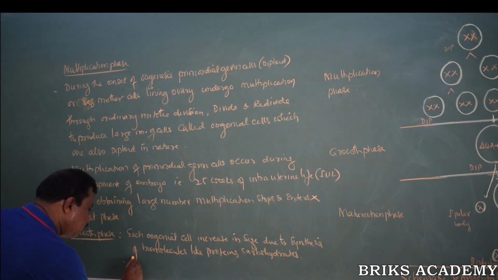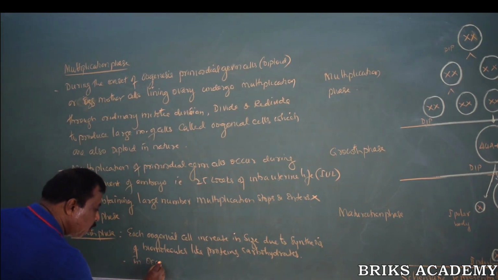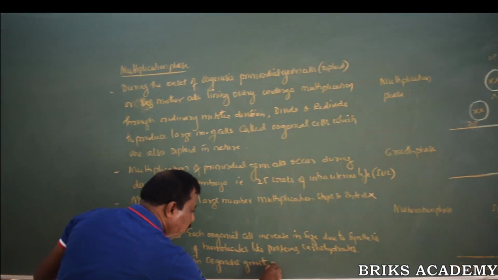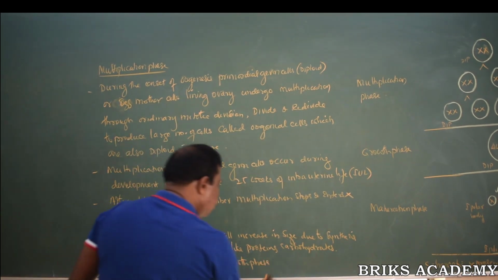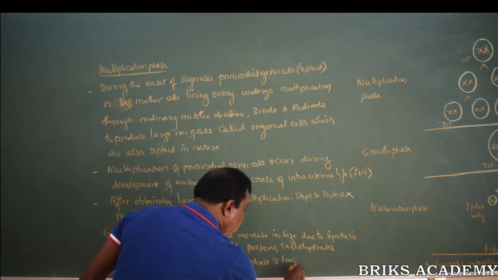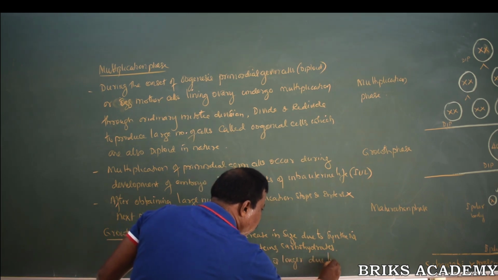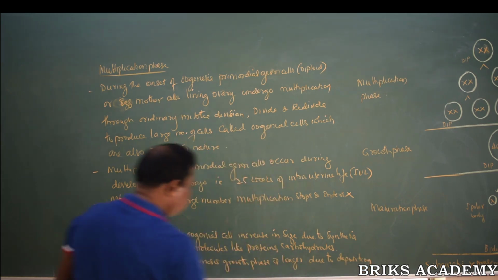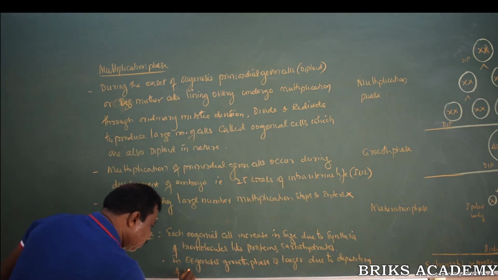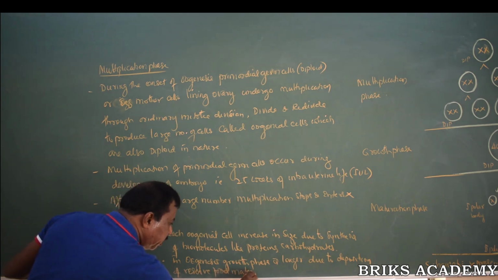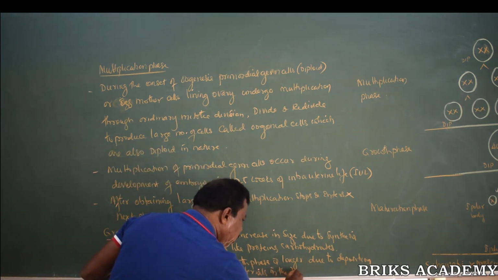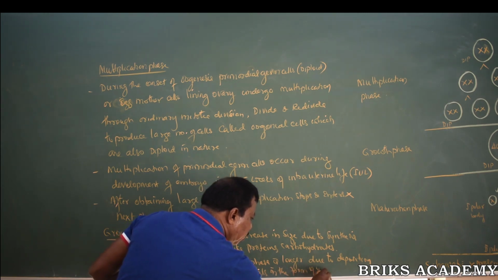The growth phase in oogenesis is longer due to deposition of reserve food materials in the form of yolk.